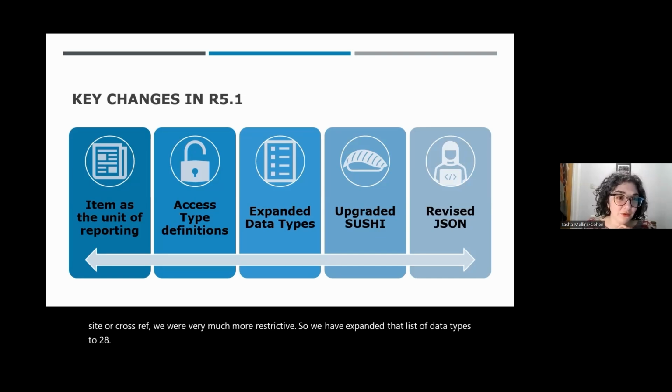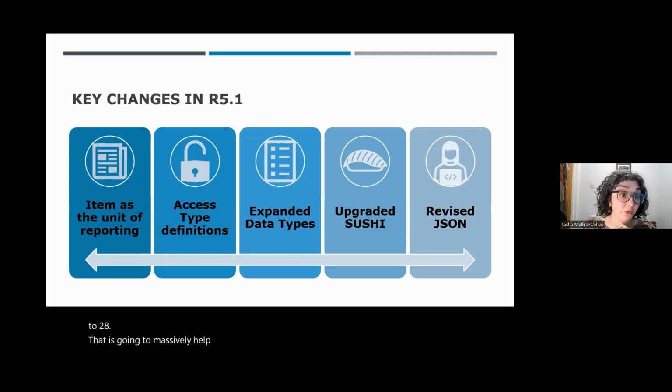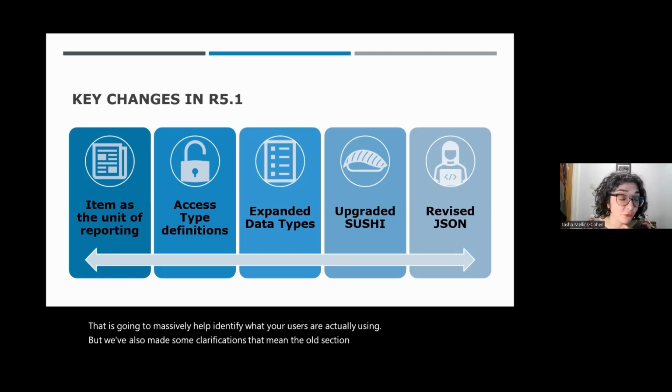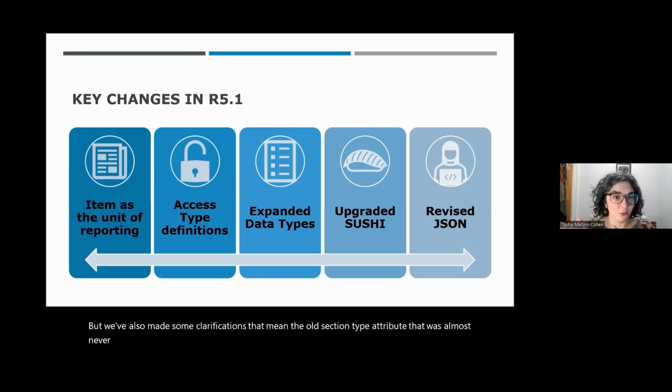That is going to massively help identify what your users are actually using. But we've also made some clarifications that mean the old section type attribute that was almost never used has gone away. So that's now not something that you will see, if you ever used it at all in the first place.